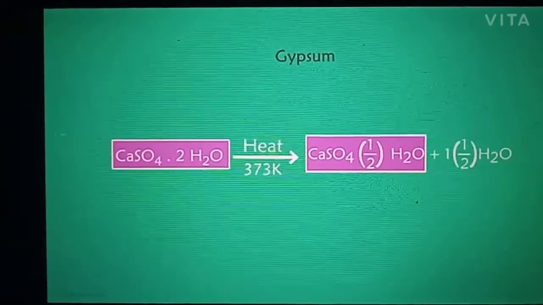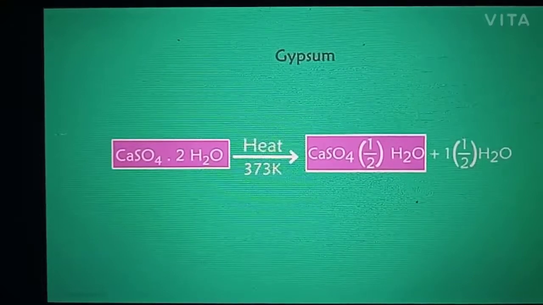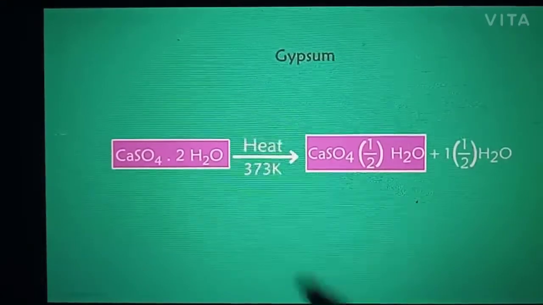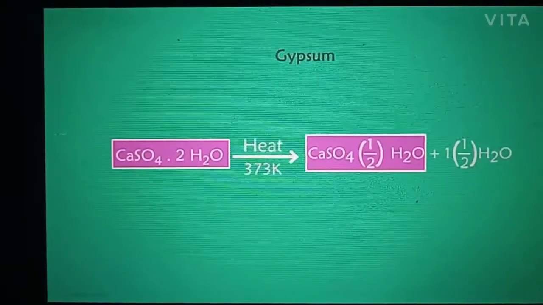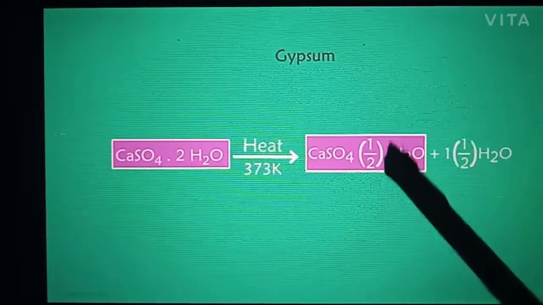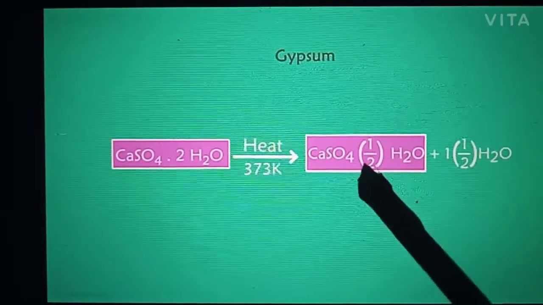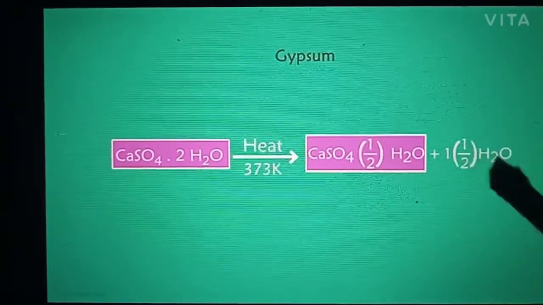When calcium sulfate, or we can say gypsum, is heated at 373 Kelvin, a particular temperature, it gets converted to calcium sulfate half H2O, CaSO4 1/2 H2O.